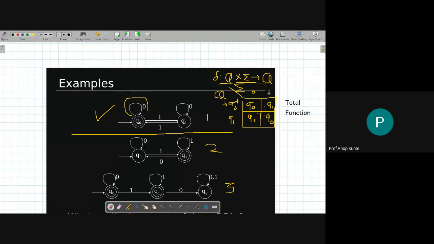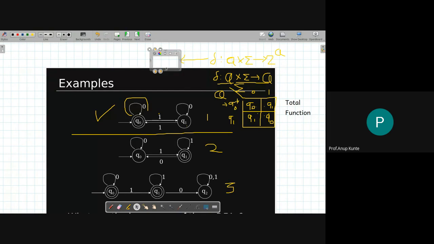Now, please understand a particular thing: if my device is not a DFA, this particular mapping in mathematical terms, you write it as Q cross sigma mapped to 2 raised to Q. So this is the delta for NFA.